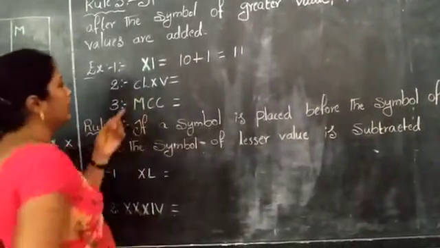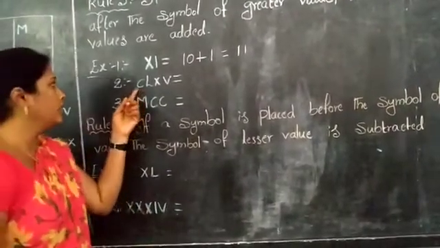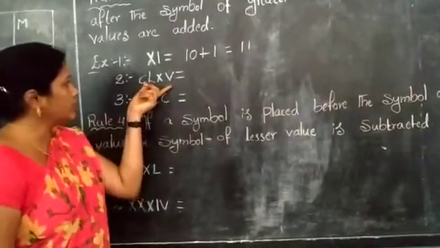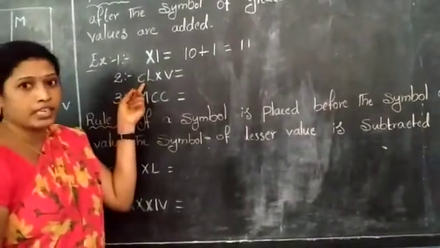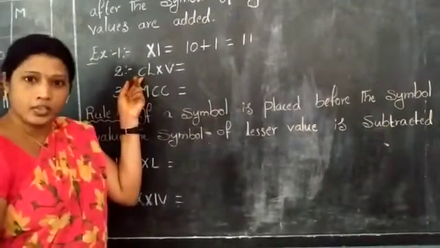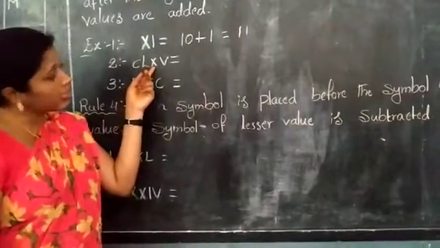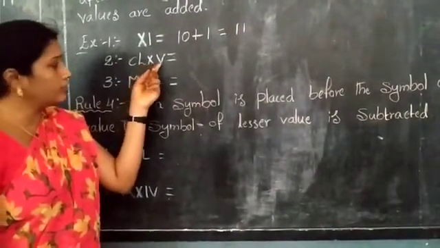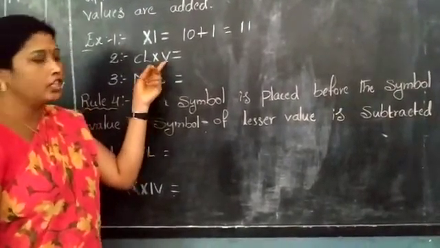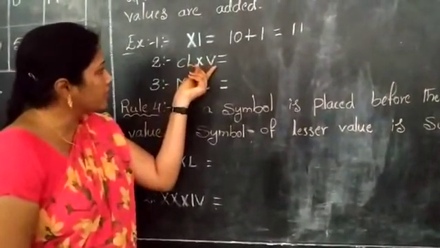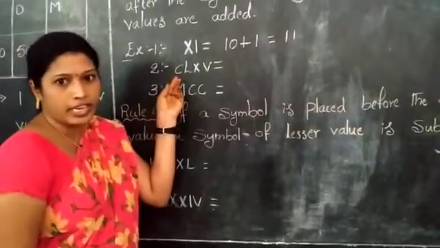Okay. Next, come to the second example. Here, which is the greater symbol? C is the greater symbol, right? C stands for the value 100 and L stands for the value 50. X stands for the value 10 and V value 5, right? So, we should add. Some symbols are placed after the greater value, right?